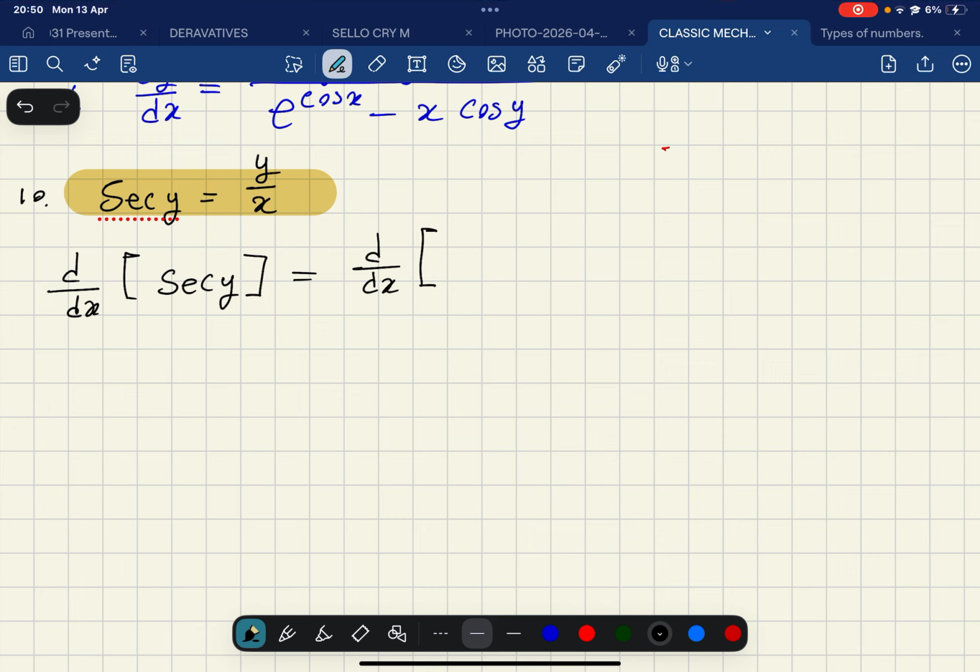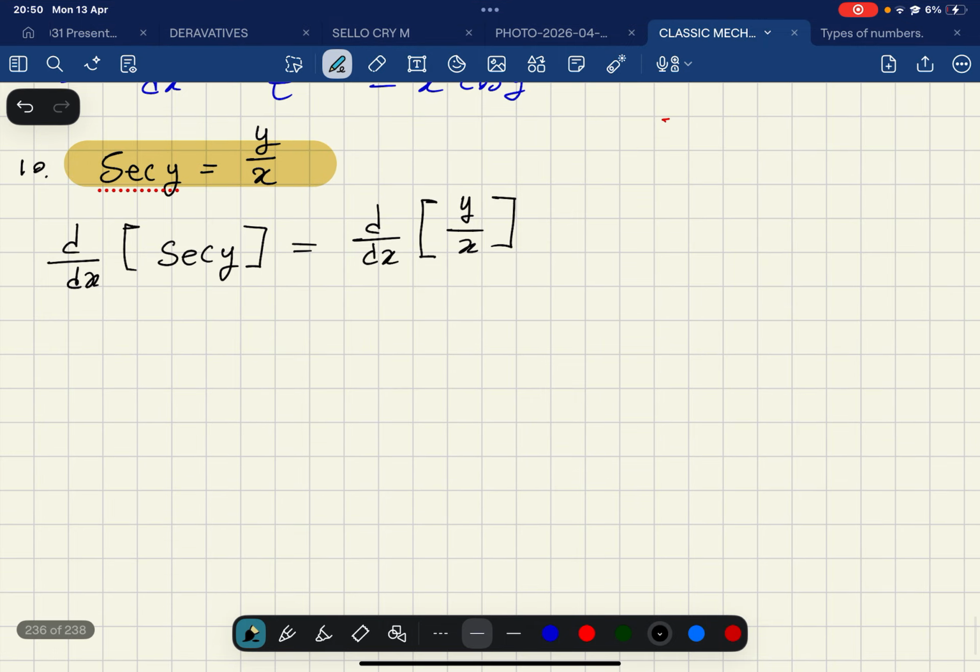We can do it. I will use the quotient rule here to derive this. So to derive sec y, the derivative of sec y is going to be what? Sec y by itself multiplied by tan y multiplied by the derivative of y, which is equal to 1. Then I tell them I derived y with respect to x.